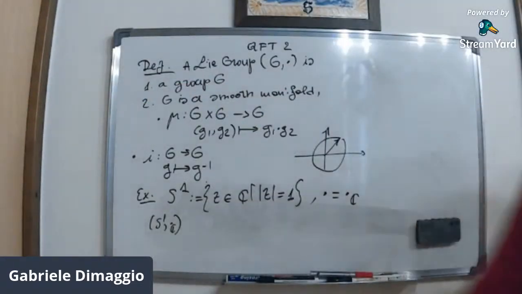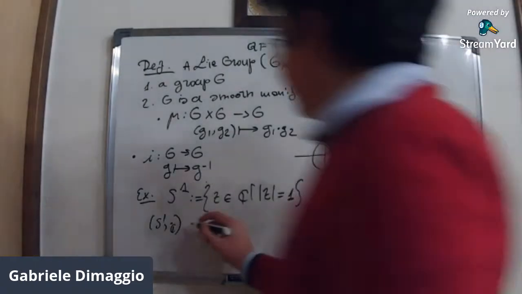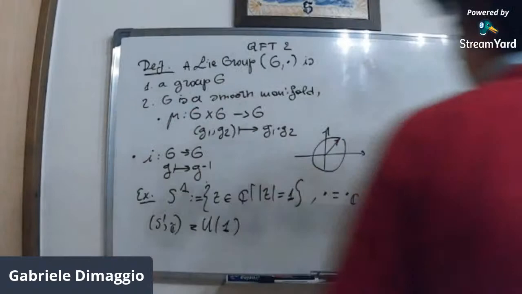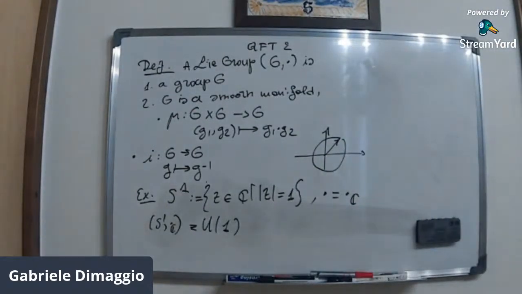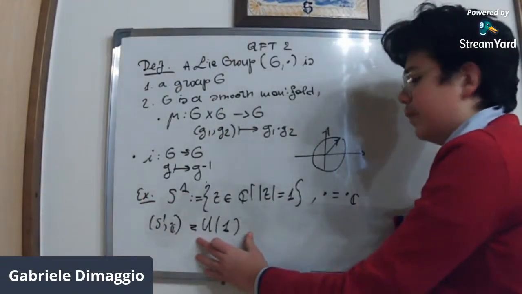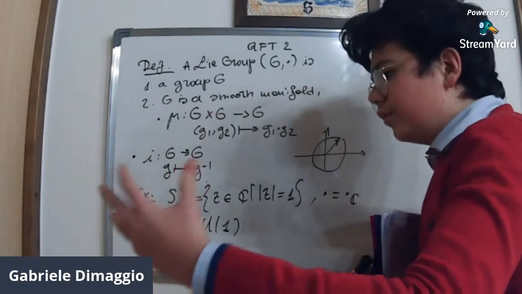Now, so S1 with multiplication over C as a group is the Lie group, and this group is defined as the U1 group, and this is an important group in the world of quantum mechanics. In fact, this group is used in quantum mechanics to transform vectors.